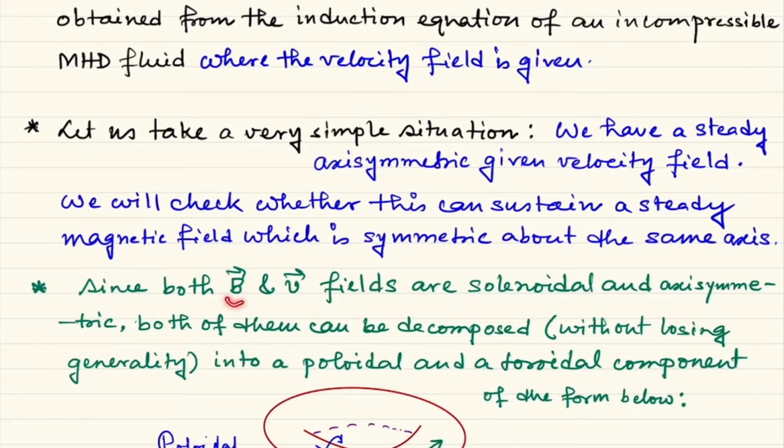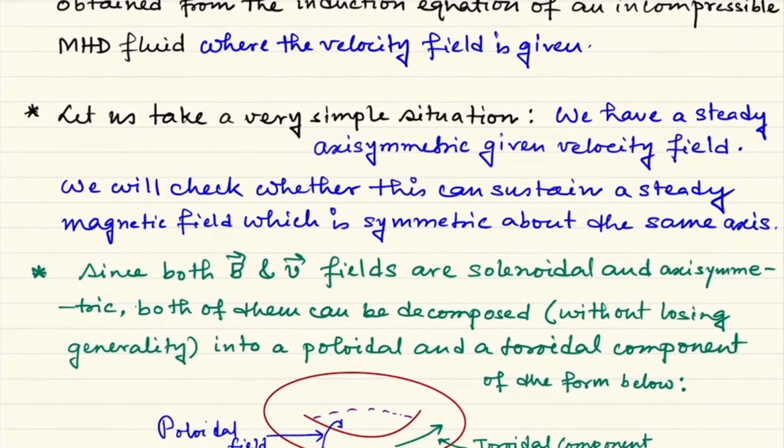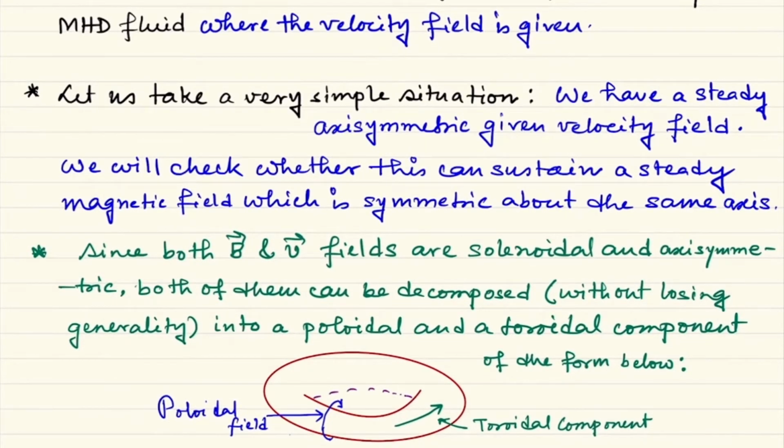Now any solenoidal vector field can be decomposed into a poloidal and a toroidal component, but since they are axisymmetric, these components should have a specific form, and that is coming from mathematical physics. Okay, one thing I have to tell you is what really is a poloidal field and a toroidal field.